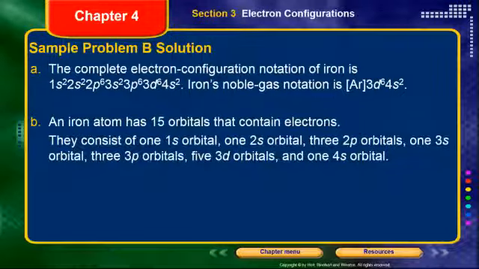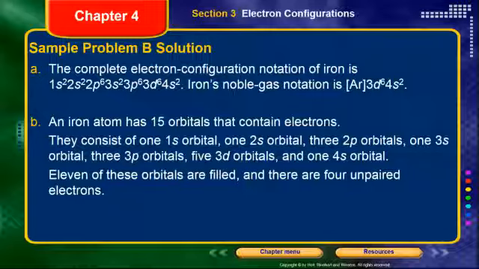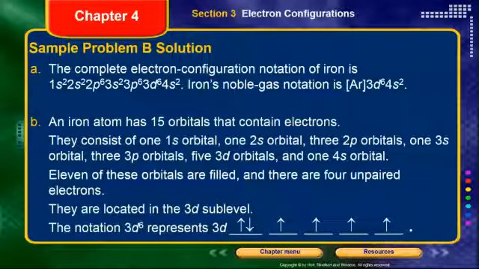They consist of one 1s orbital, one 2s orbital, 3 2p orbitals, one 3s orbital, 3 3p orbitals, 5 3d orbitals, and 1 4s orbital. 11 of these orbitals are filled, and there are 4 unpaired electrons. They are located in the 3d sublevel. And the orbital notation for 3d6 is represented by the 5 3d orbitals. Only one of them is doubly filled. The other 4 are singly filled.